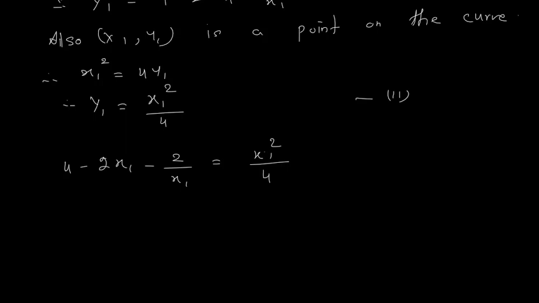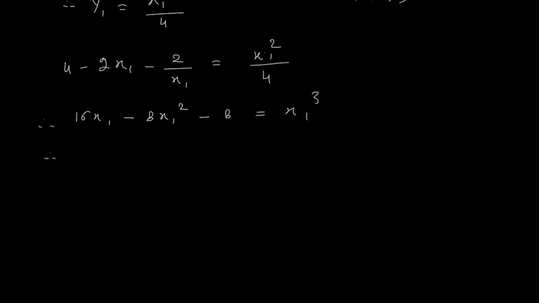So I have 4 4s are 16x1 minus 4 2s are 8x1 square minus 4 2s are 8 is equal to x1 cube, right? So therefore I have x1 cube plus 8x1 square minus 16x1 plus 8 is equal to 0.